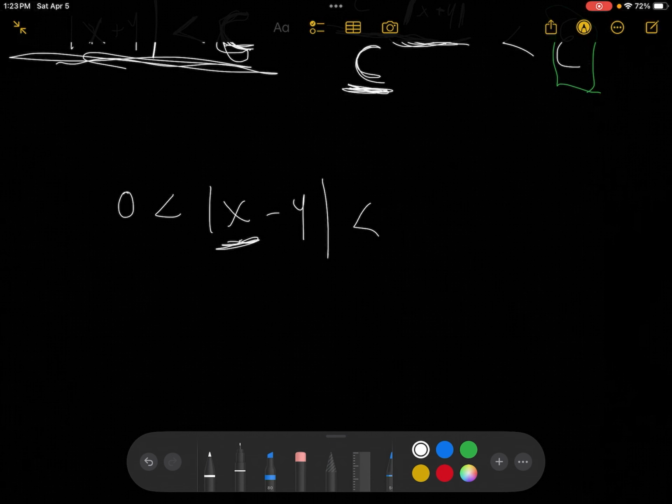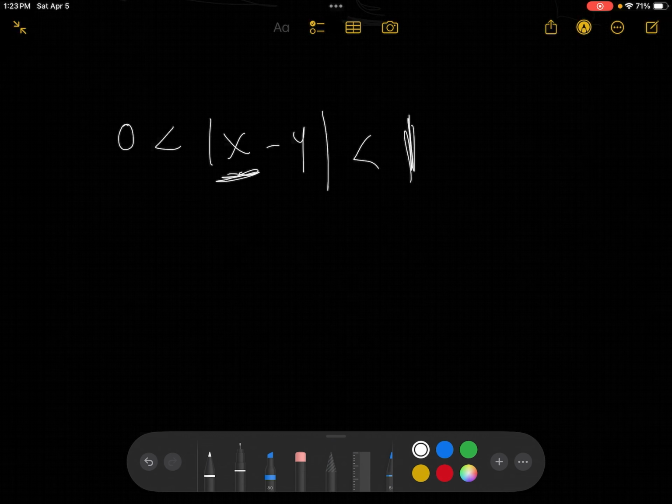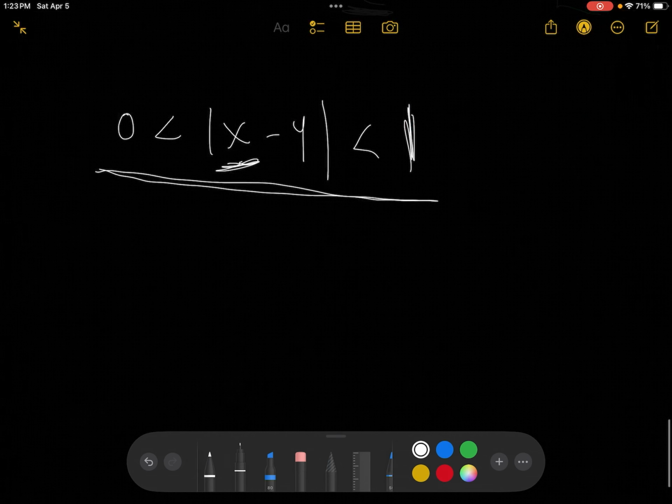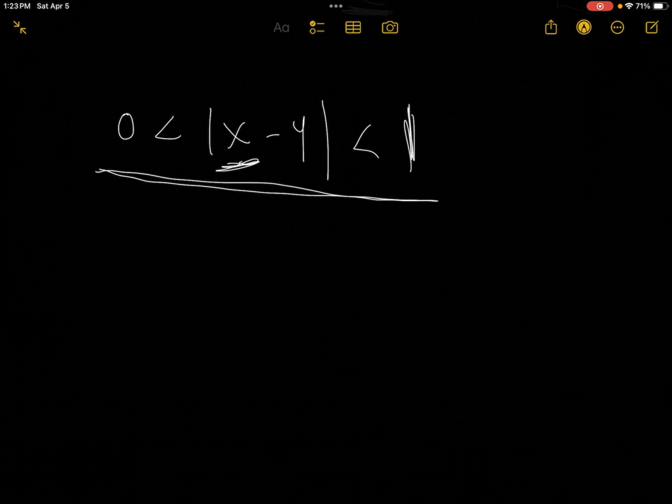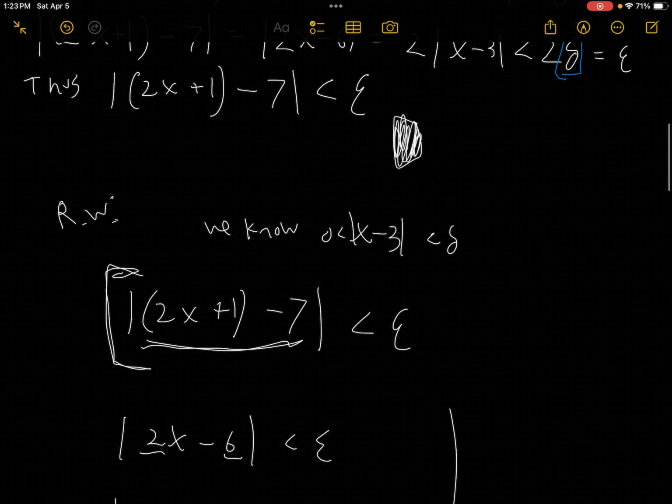So let's take delta to be at most 1. We could have chosen any number to be the maximum for delta, but 1 makes this pretty easy. So now in our assumption, we're going to assume that this inequality is true. And this is very helpful because it lets us isolate for x.